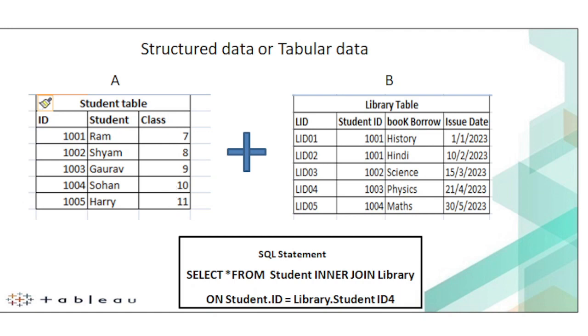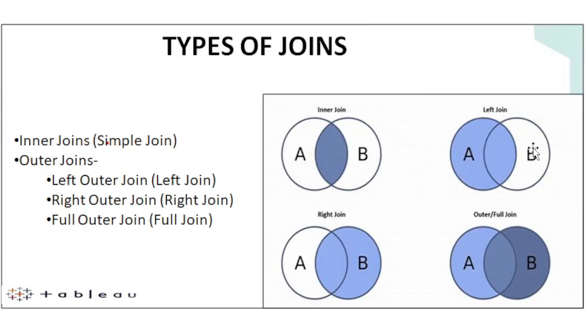Am I clear? Like this, in the left outer join, or left join, we have all the data, all the IDs from the left table, meaning the A table, and only the common data from the B table, the right table. In the right join, we have all the data, all the IDs from the B table, but only the common data from the A table, which we call the left table.